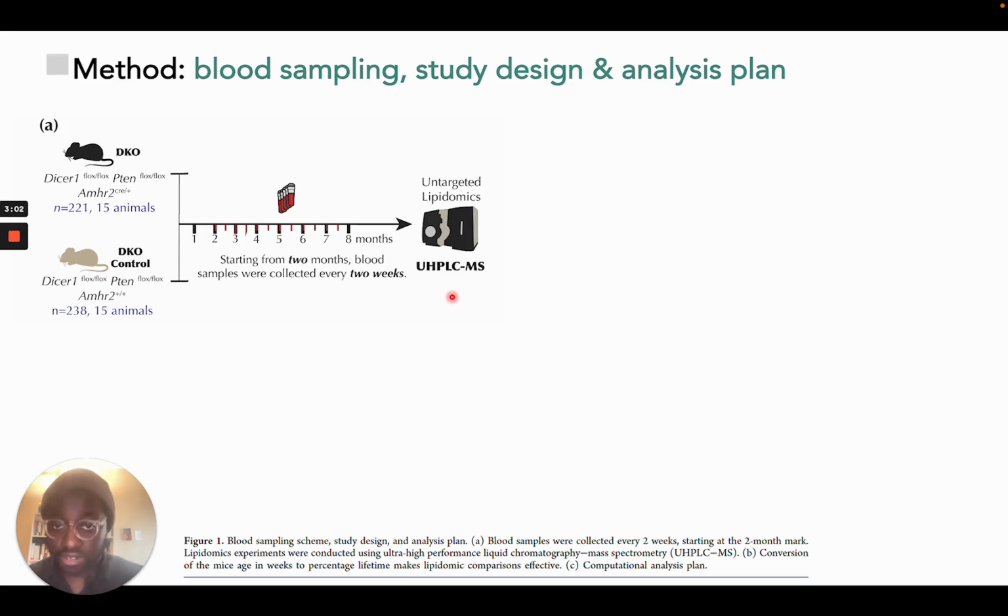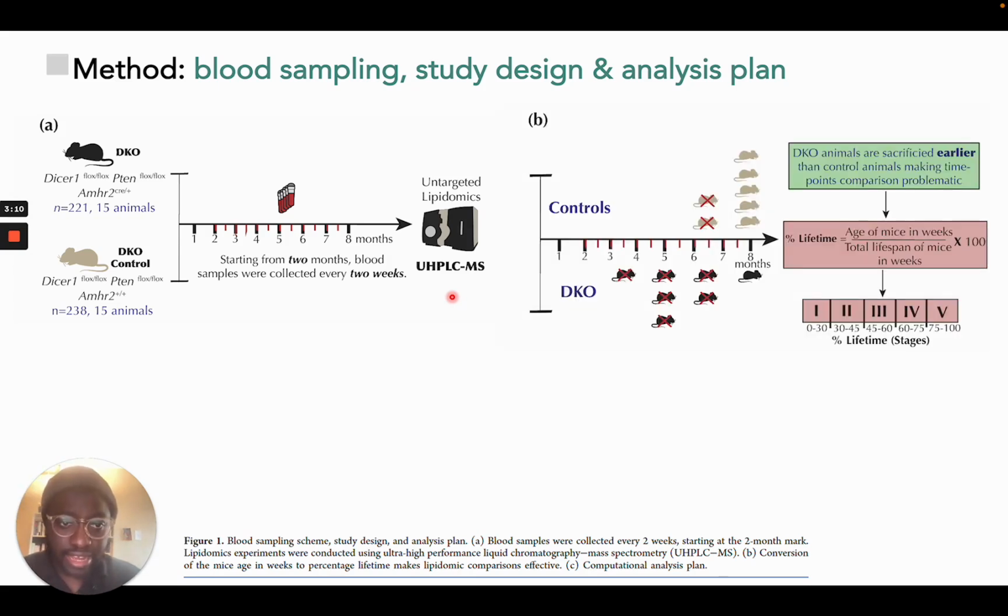After the collection of the blood samples, we did untargeted lipidomics using mass spec. Panel B shows the way we are doing the comparison. We took all of these granular blood samples and, in order to make the DKO mice comparable to the DKO control mice, we converted them into something called percentage lifetime stages.